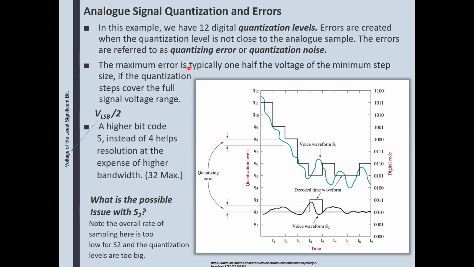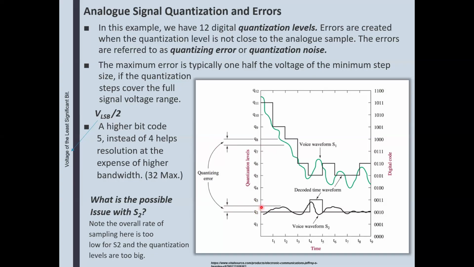Maximum error is typically one half of the voltage of the minimum step. And I put that thing here. The voltage of the least significant bit, so that's as much as you want to have.